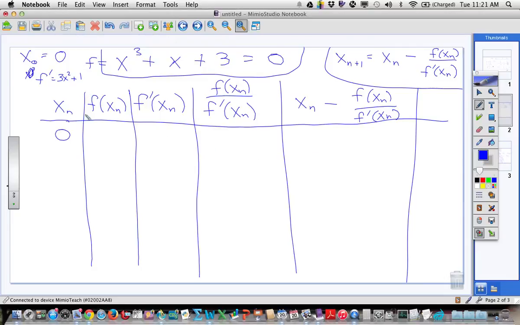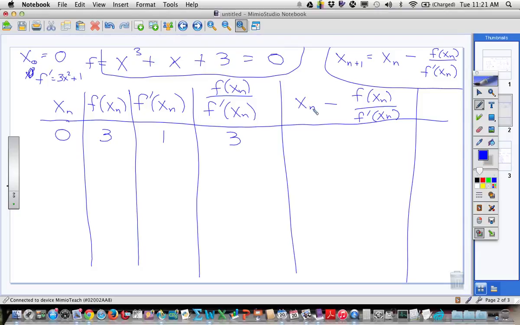All right. So what's f of 0? Of course, we can do that in our head pretty easily. f of 0 is 3. What's f prime of 0? That's 1. Now we want to do f divided by f prime. 3 divided by 1 is 3.